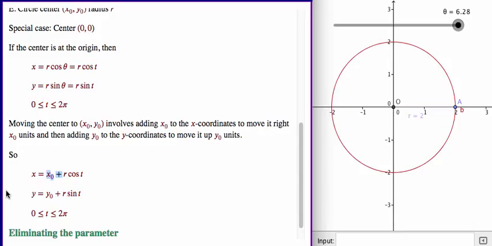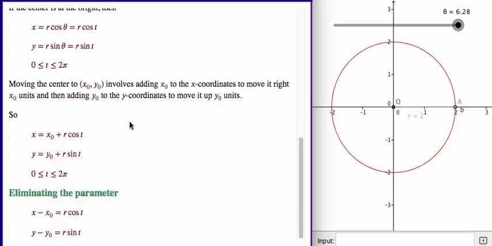Do the same for y and square, and then add. So let's, again, first take the x0 and the y0 to the other side. Like so. They've gone over to the left. Then just square and add both equations. And that will eliminate t for us, won't it?